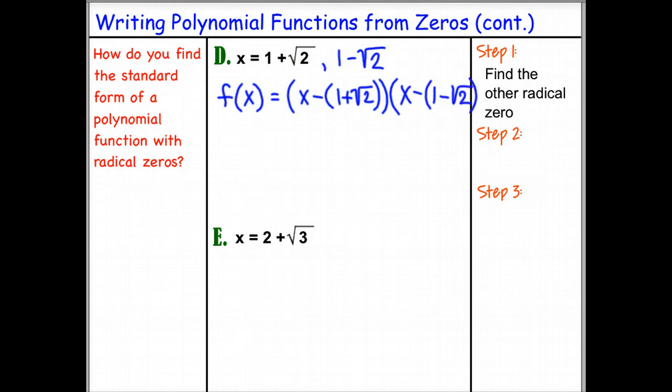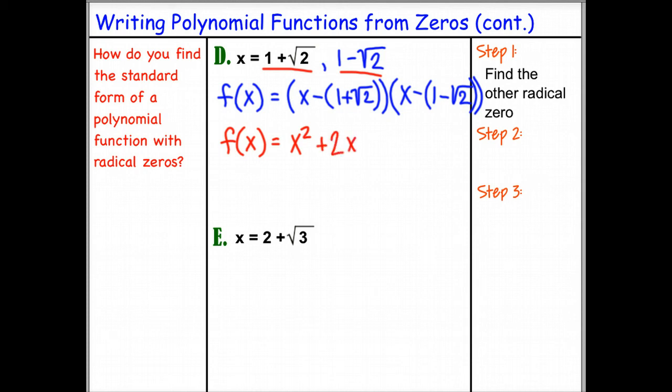Now, if we were to go ahead and FOIL this out, it would get really messy really quick. So if we use our trick, we have x squared times the sum of these. If we add them, 1 plus 1 is 2, and the square root of 2 minus the square root of 2 is 0, so this would be plus 2x.